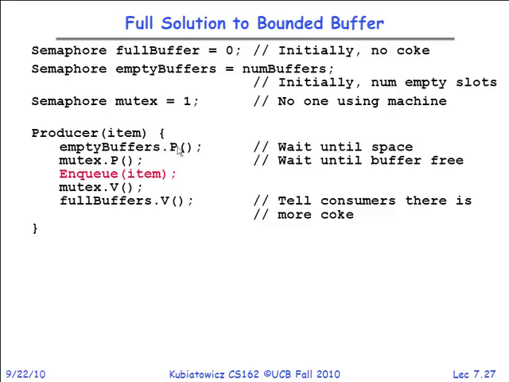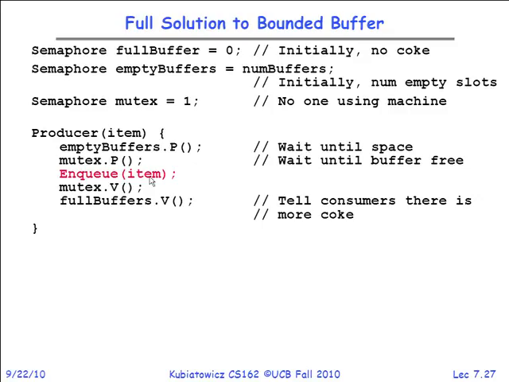But assuming that it isn't full, we're going to decrement the number of empty buffers. So we're saying, hey, I'm going to put another can into the machine. Okay? Now, we execute the mutex.P and mutex.V. That basically gives us this critical section so that the enqueue operation is thread safe.